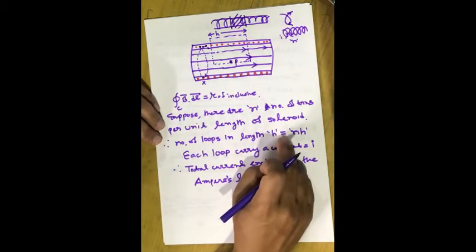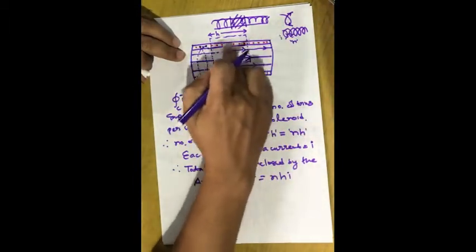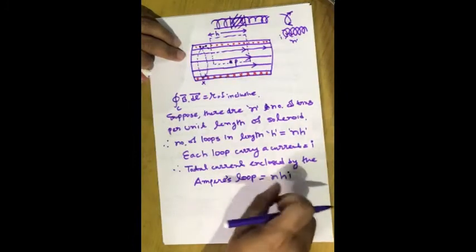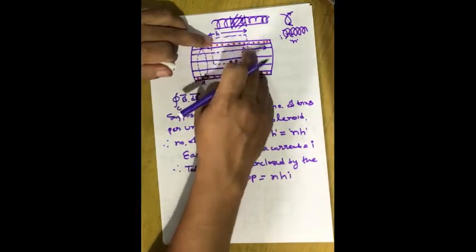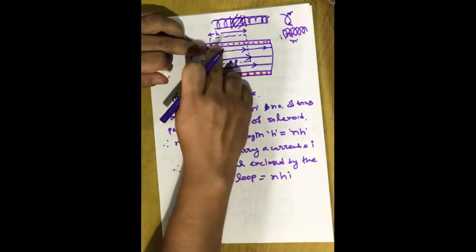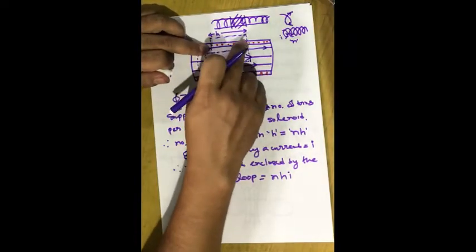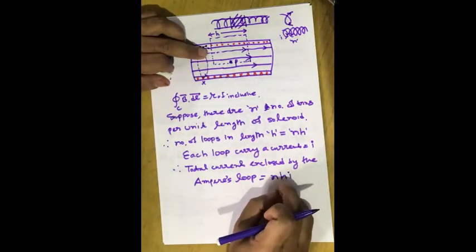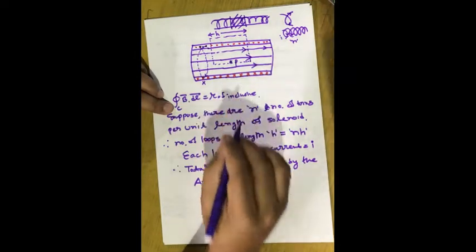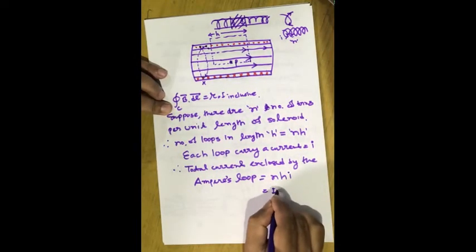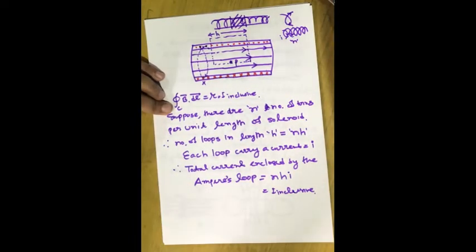Therefore the number of this kind of loop in this portion will be n into h, and each loop carries a current I. Therefore the current enclosed, because these are the currents entering the Ampere's loop, the total amount of this current is equal to n h into I. So in this expression, I enclosed is equal to n h into I. That we have already found.